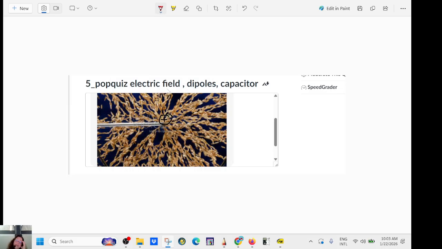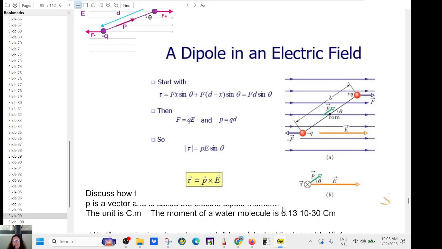So you see that little seed here, minus wants to go here, plus wants to go there. So you have a minus and a plus, and it will get polarized, it will rotate such that it will align itself with the electric field. Is that clear?